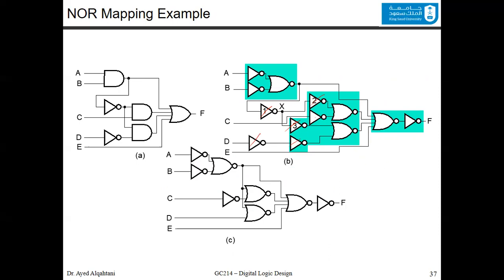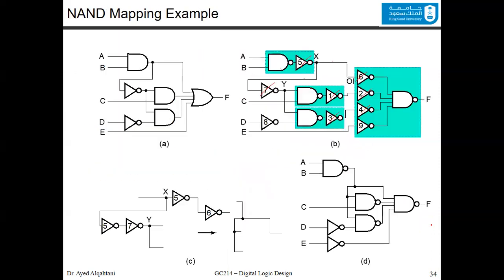If you compare both designs here, let's count the number of gates only. We have 1, 2, 3, 4, 5, 6, 7, 8 gates. And those 8 gates are 4 NOR gates, where one of these NOR gates is 4 inputs and the rest are 2 inputs, and you have 4 NOTs, or 4 inverters.